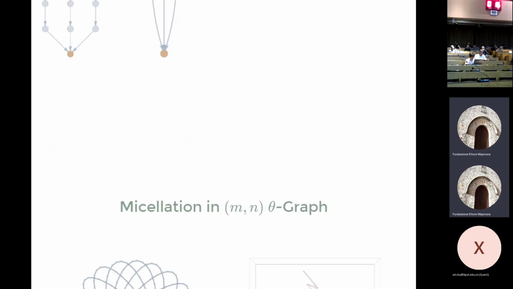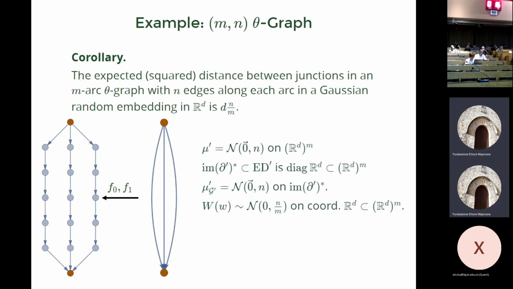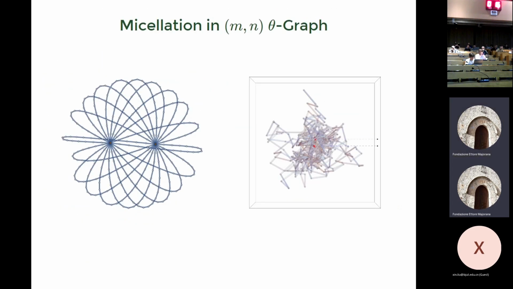Okay, what does this mean? Notice the denominator is M, the number of arms between these two vertices. So the more arms, the closer the two junction vertices are going to be. Here's a picture where I have about 20 arms, and in these random embeddings, you see that the two junction vertices, in red, get very, very close together. This is sort of like topologically induced myceliation, where you've driven these things into the interior.